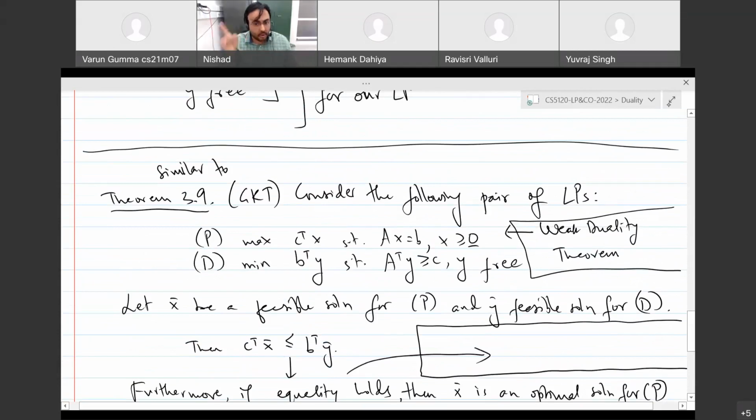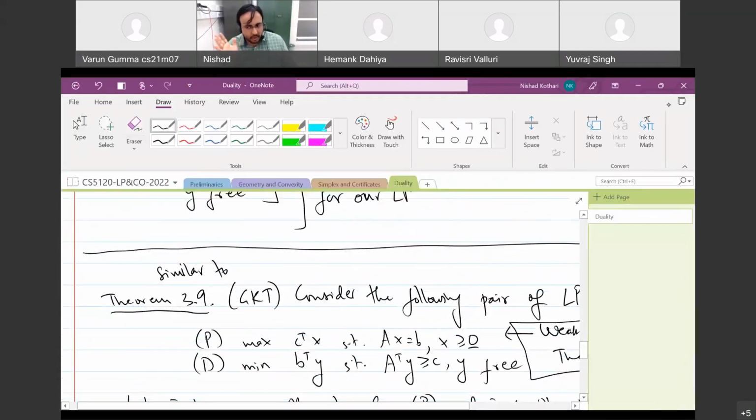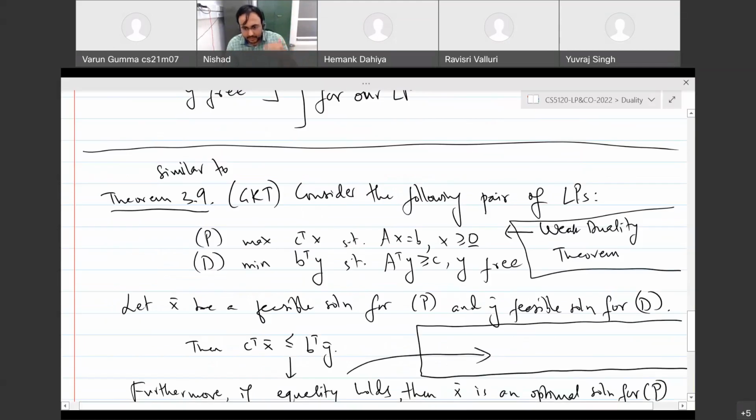And that is what strong duality says. We will see strong duality later, but I can already give you the idea that the strong duality theorem says that there will always be an x bar and a y bar for which C transpose x bar is equal to B transpose y bar, right? I hope I can convey the difference between weak duality and strong duality to everyone.